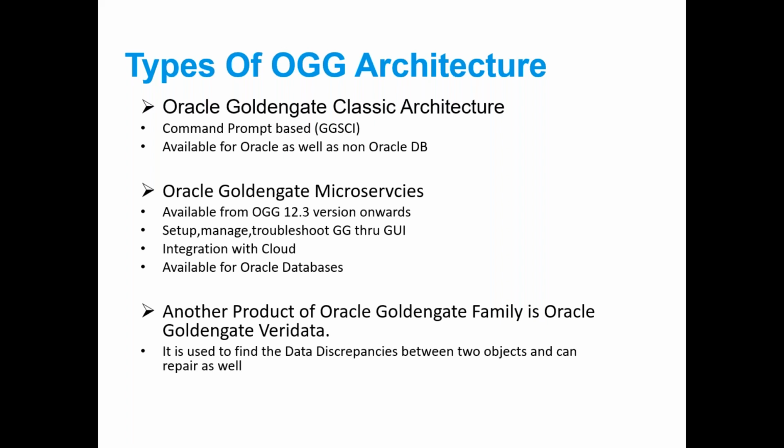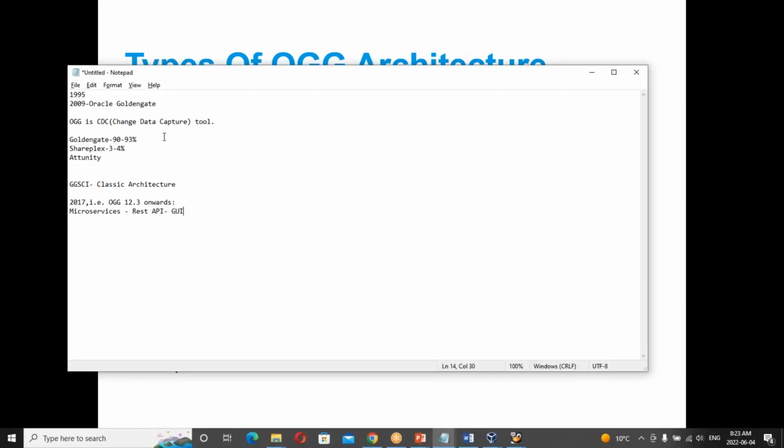Also, this classic architecture has been available since the beginning. It is available for Oracle as well as non-Oracle databases. Microservices architecture, until 19c GoldenGate, was available only with Oracle databases.